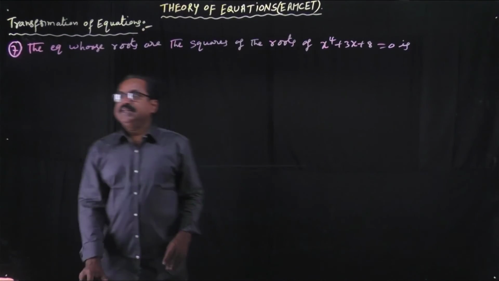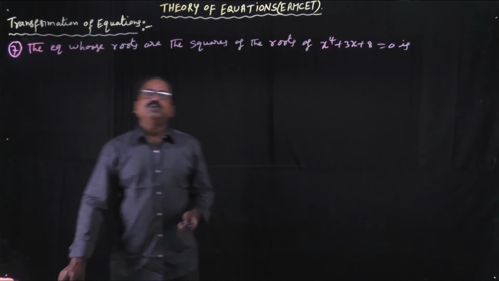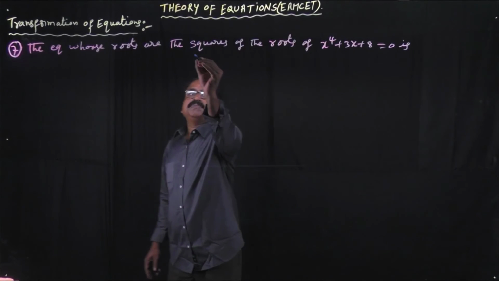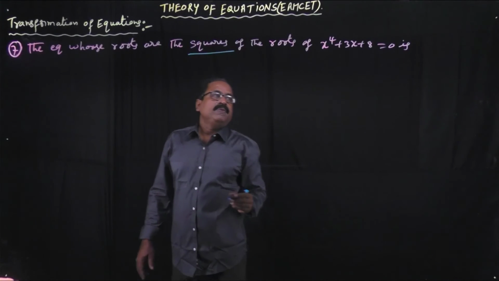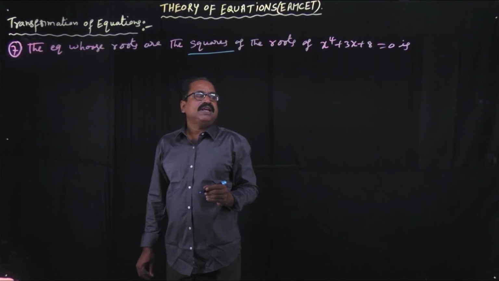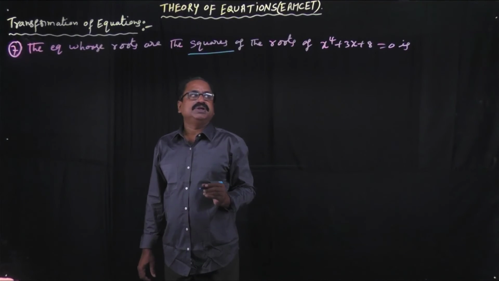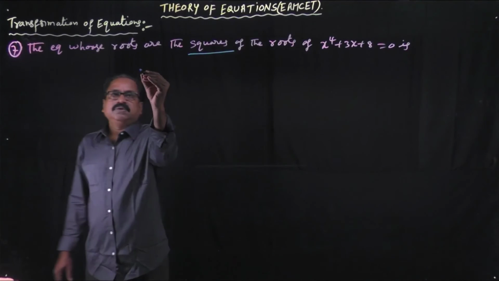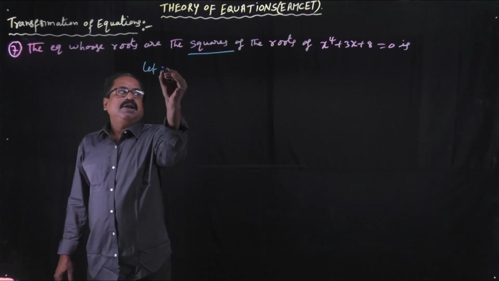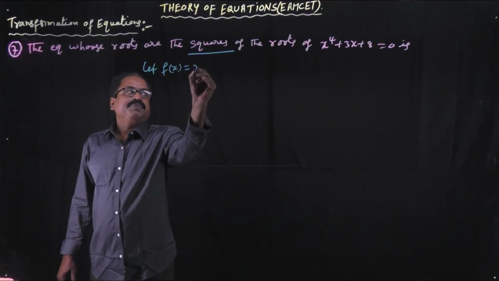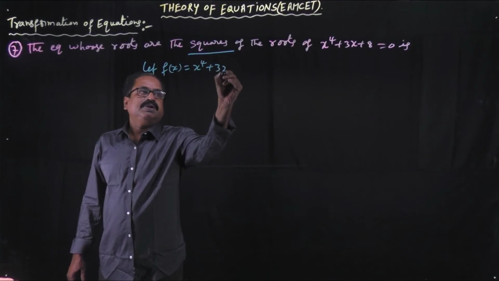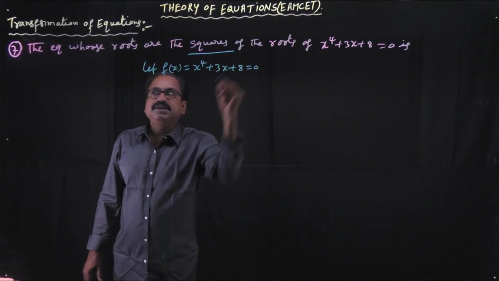So seventh question is, the equation whose roots are the squares of the roots of x power 4 plus 3x plus 8 is equal to 0. Let f of x is equal to x power 4 plus 3x plus 8 is equal to 0.